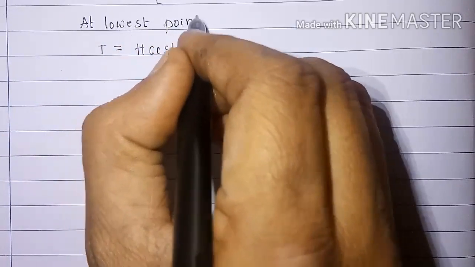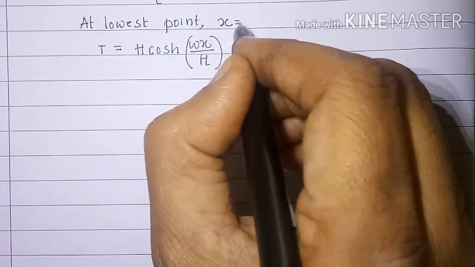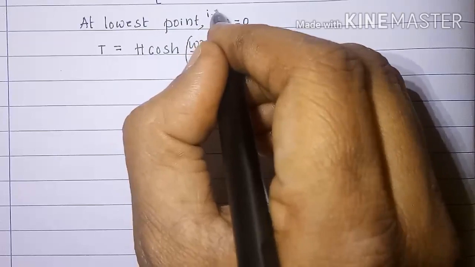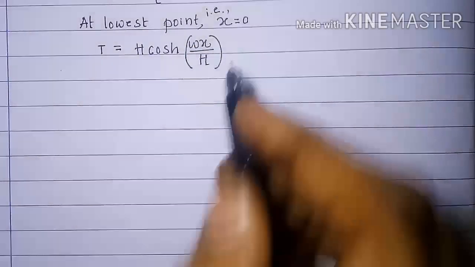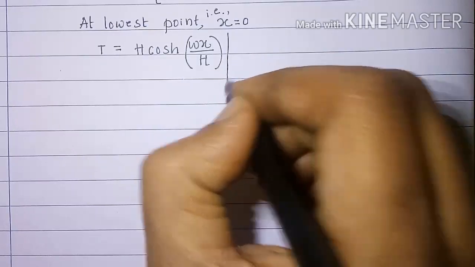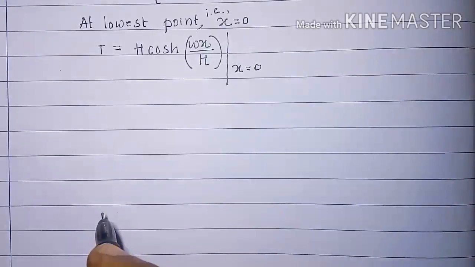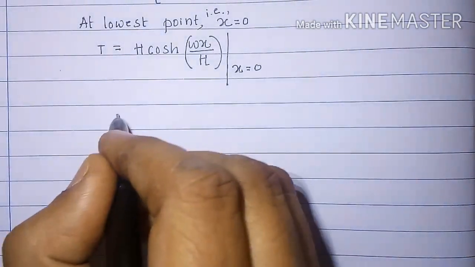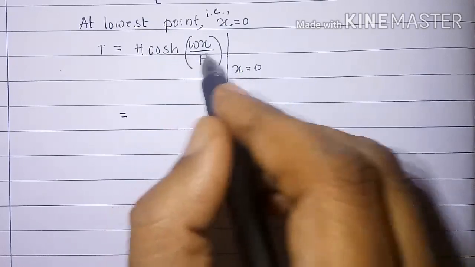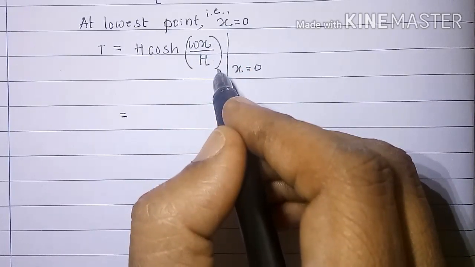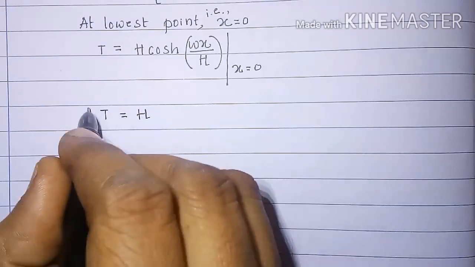At the lowest point, that is x equal to 0, so in this equation we will put x equal to 0. If I put x equal to 0 here, cos h of wx upon h will become 1 and T will become equal to H.